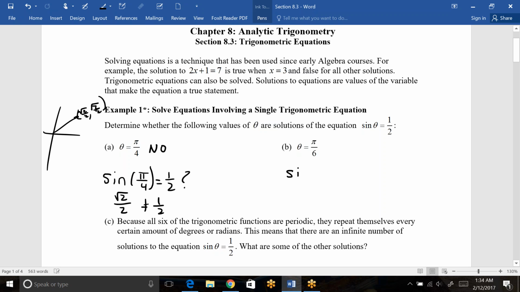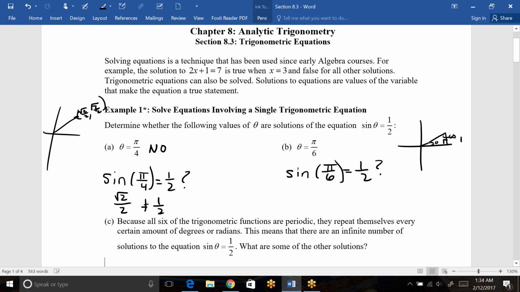If we put sine of pi over 6 in, we ask, is that equal to 1/2? So again, think about your unit circle. Pi over 6 is related to 30 degrees. And remember, that would be 30 is the reference, and this would be 60.